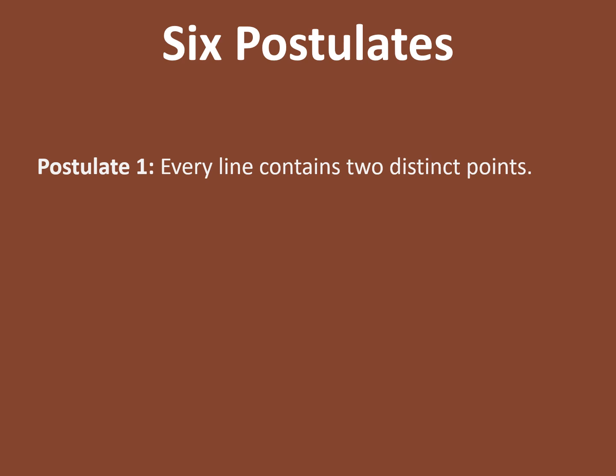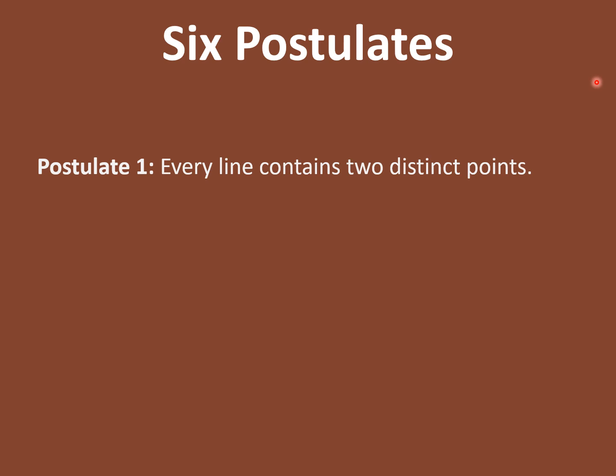The first postulate we're going to talk about today, I'm calling it postulate 1, says every line contains 2 distinct points. Now this may sound really simple to you, and it is a simple concept, but it's actually a powerful concept that allows us to solve a ton of problems in geometry and in algebra.